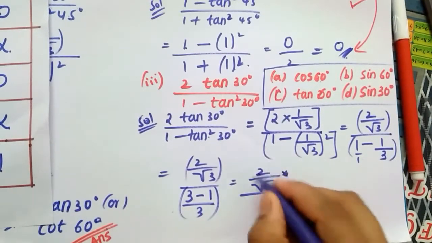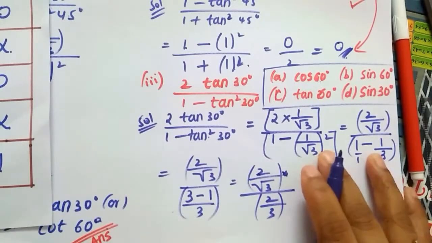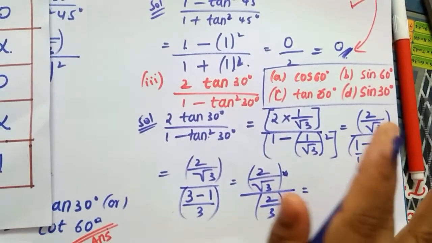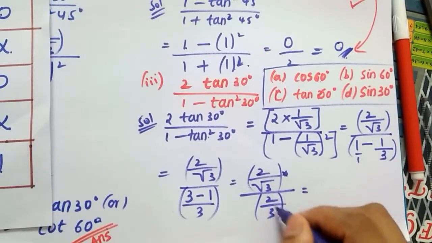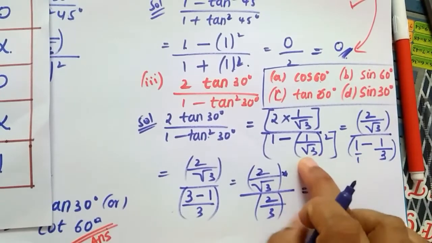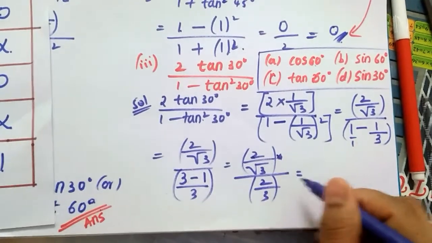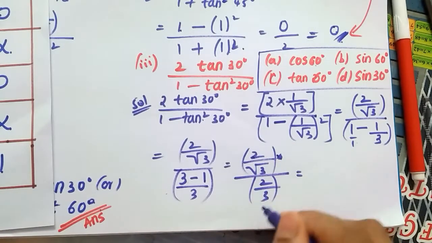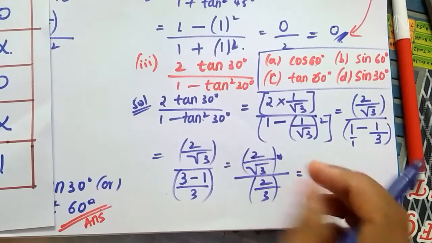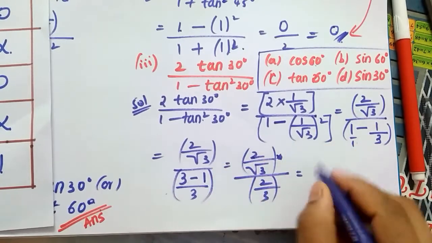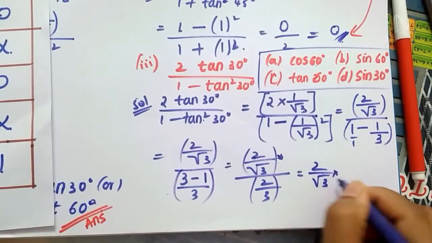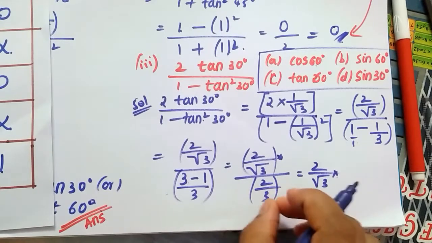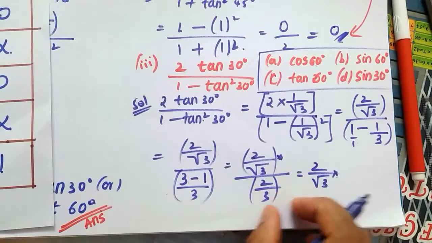Since it seems so long, with numerator and denominator and many denominators, in that case you need to move this denominator to the numerator. The first one we copy as 2 by root 3. Now this 2 by 3, we are taking into the numerator.